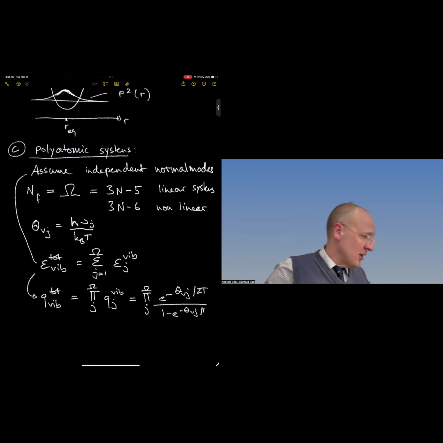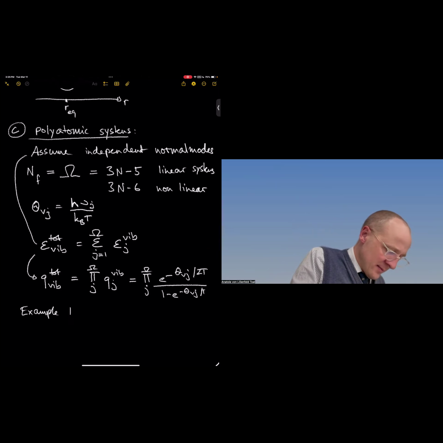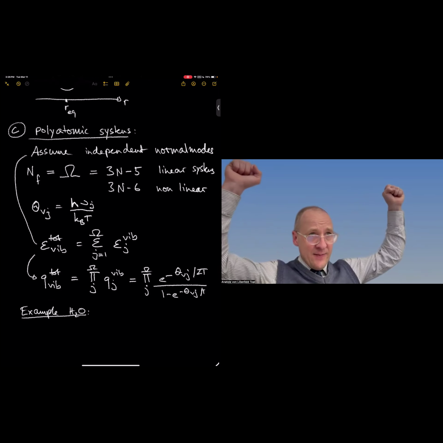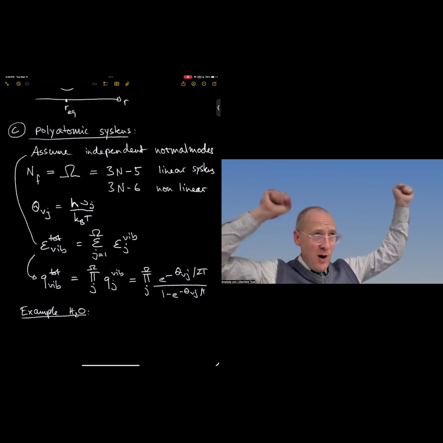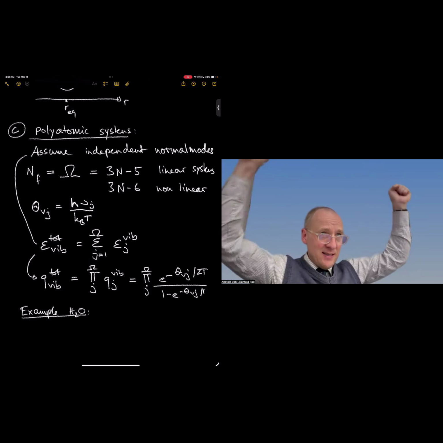Okay. So you can think about a simple example like water. Where you can have three modes, right? So 3n minus 6 makes three modes. And if my head is the oxygen and these are the hydrogen atoms, this is one mode, this is the other mode, and then I also have this mode, right? These are my three modes.